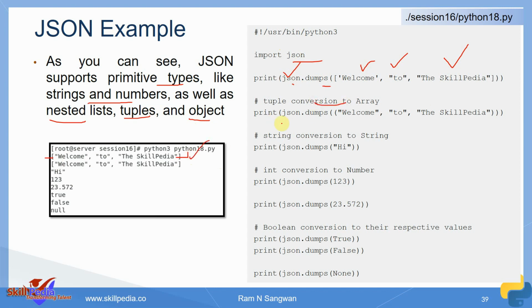Then conversion to array, print json.dumps, welcome to the Skillpedia. String conversion to string, print json.dumps hi. One by one you see all the values. So it is trying to convey the message: you can have lists, strings, numbers, boolean values, true false values, null values, everything. So it supports all these types.